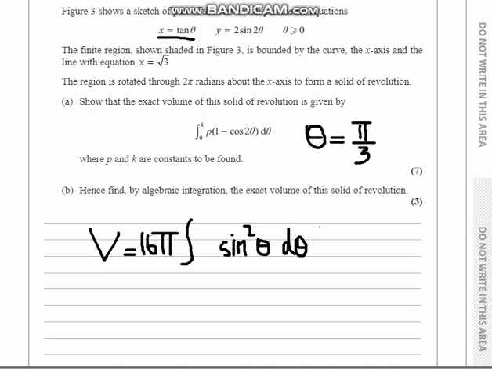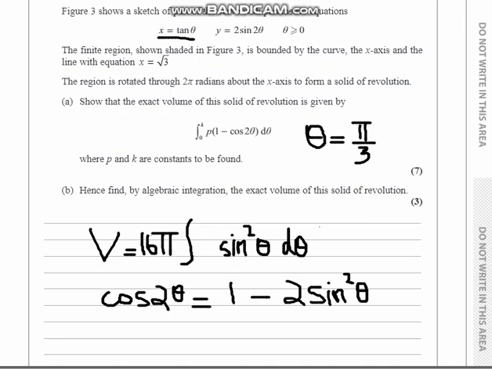We can't simply integrate sine square theta right away, but we can use the identity of cos 2 theta and substitute it. I'll show you how. The identity of cos 2 theta in terms of sine theta is cos 2 theta equal to 1 minus 2 sine square theta.